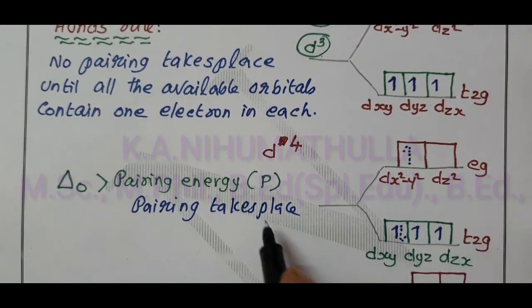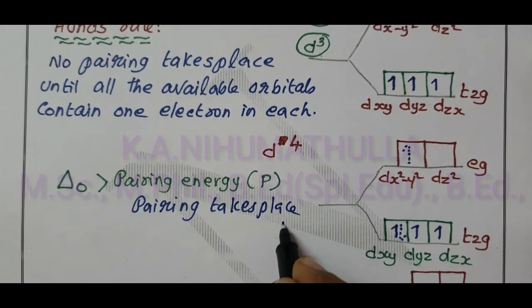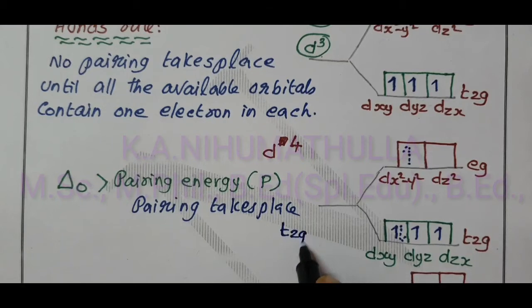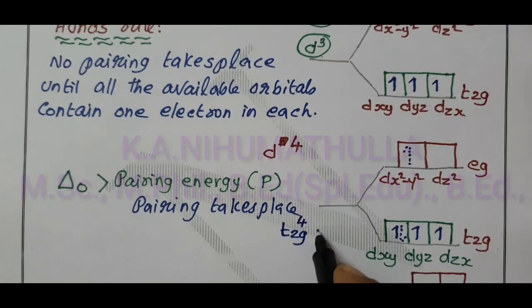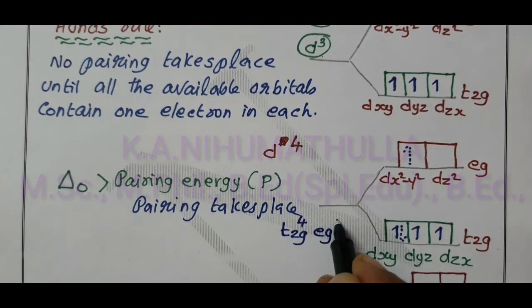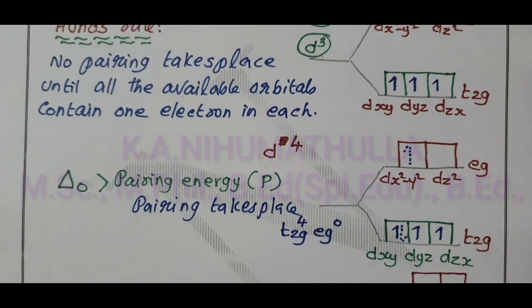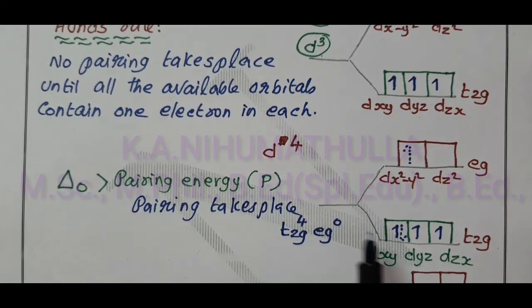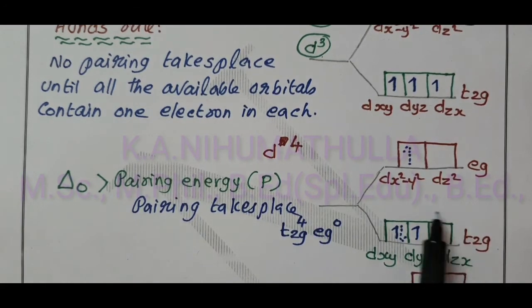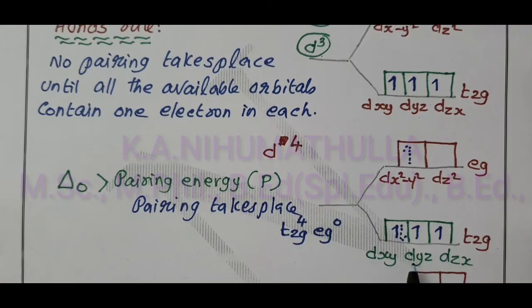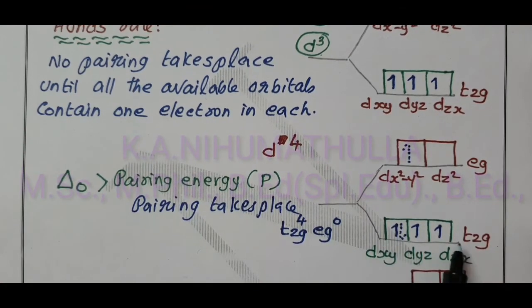Now the electronic configuration is t2g4 eg0. If it obeys this condition, its electronic configuration is t2g4.